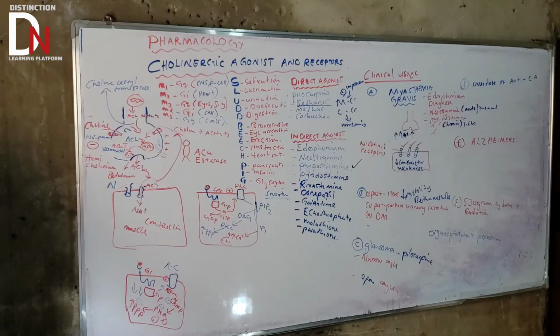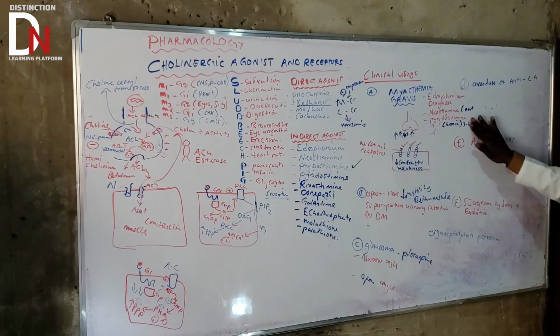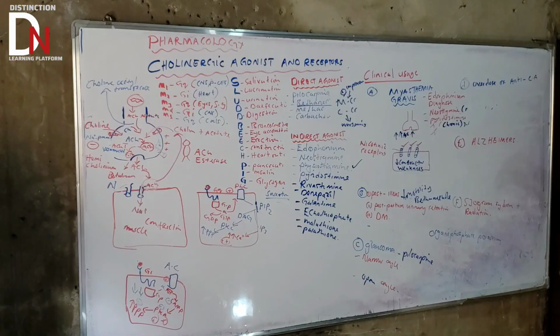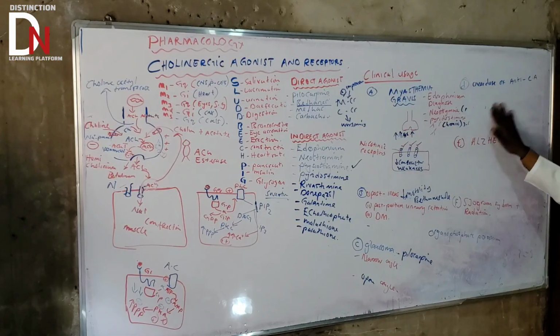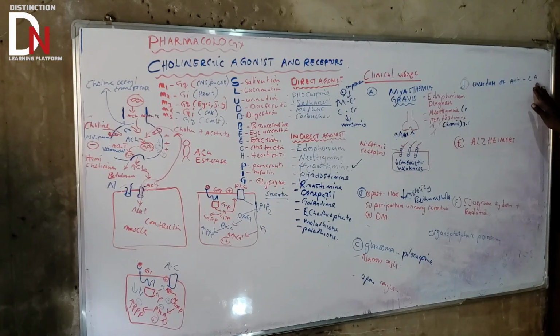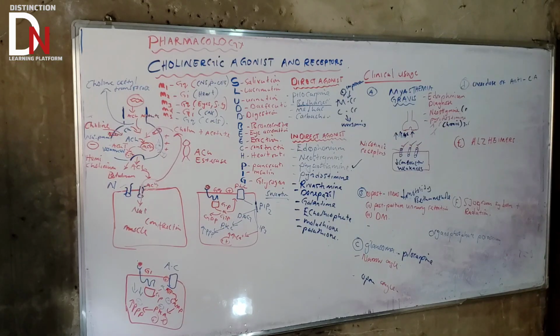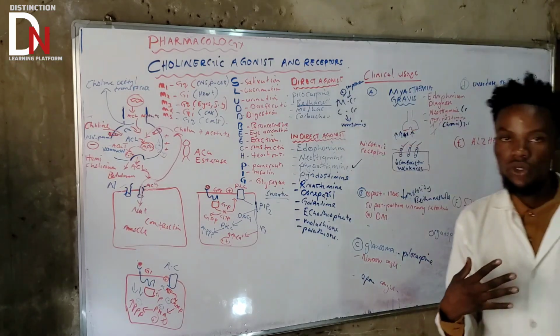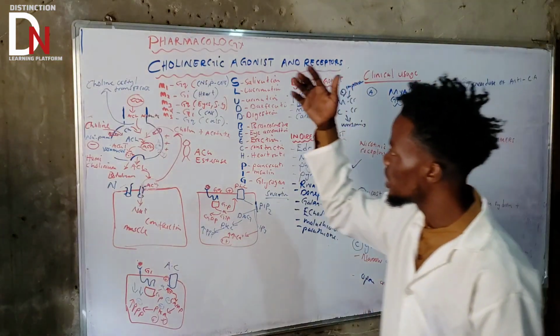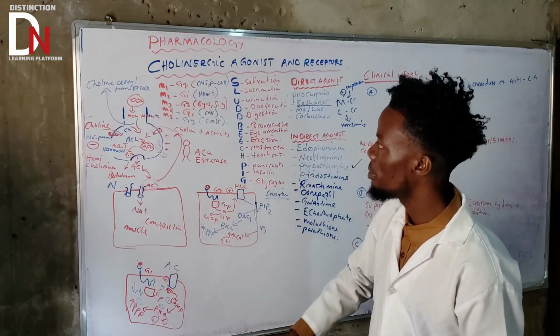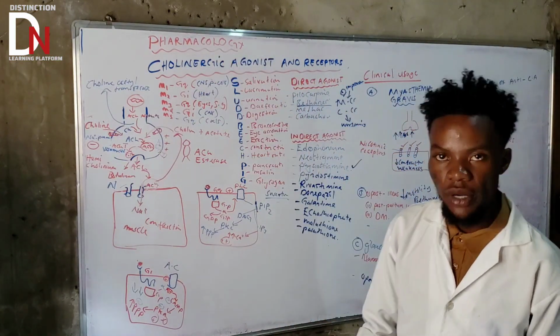Okay, now let's come here. It's a lot. Overdose of anticholinergic agonist. There are some drugs that we are going to talk about, the antagonists to all these receptors that we talked about, the M1, M2, M3, M4, M5.